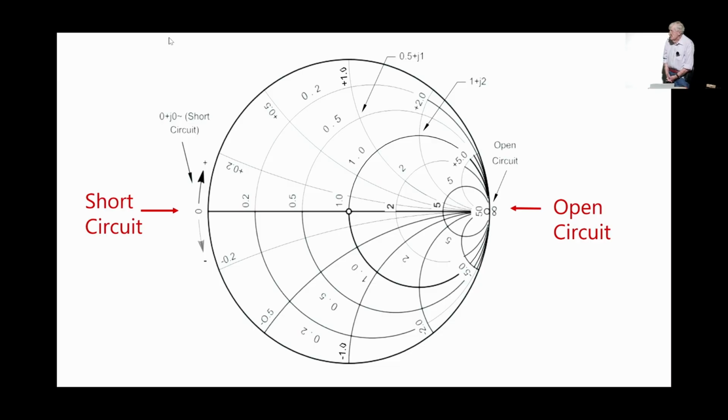One end of the Smith chart there, you can see I've notated as being a short circuit. That means it's 0 ohms at that point. And the other end is an open circuit, and that represents infinity ohms. And you can see that the graphs are getting very, very crowded down that end.